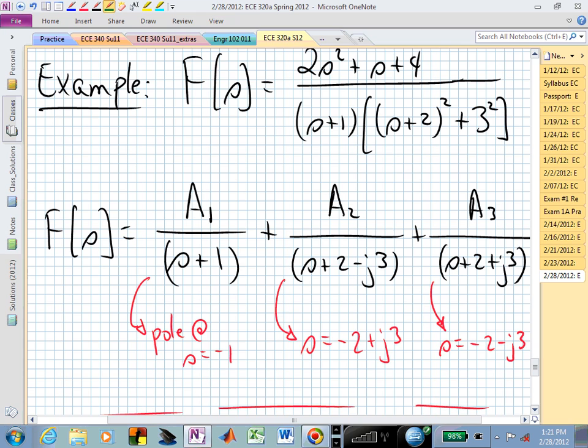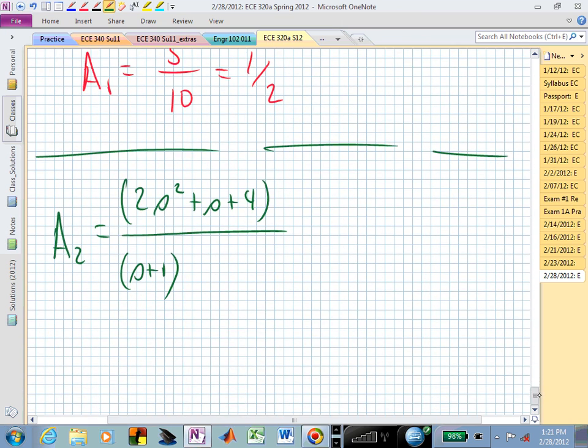What you need to recognize is that now this square bracketed polynomial in the denominator for capital F of s, the s plus 2 squared plus 3 squared, is equivalently written as the product of s plus 2 minus j3 times the factor s plus 2 plus j3. And now I'm multiplying that through by the s plus 2 minus j3. That piece goes away. And I'm left with, in the denominator, not only the s plus 1, but the s plus 2 plus j3 piece.